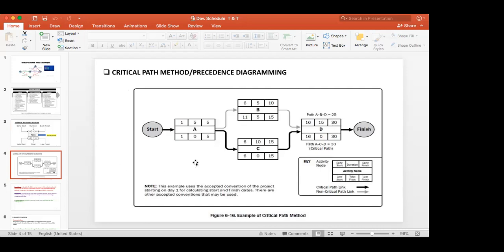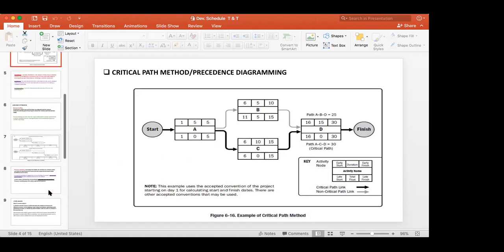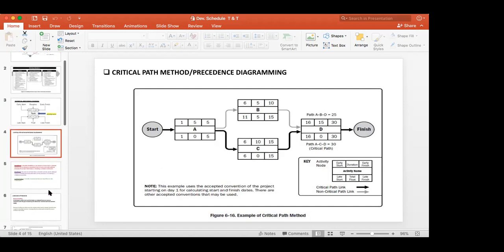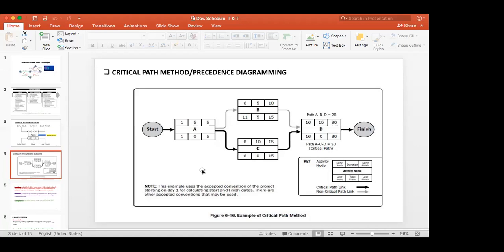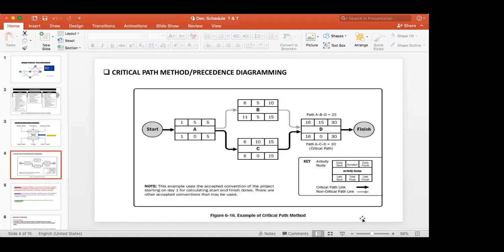if you see this one, this is a network. When you use this precedence diagram and draw a network, it will be like this.